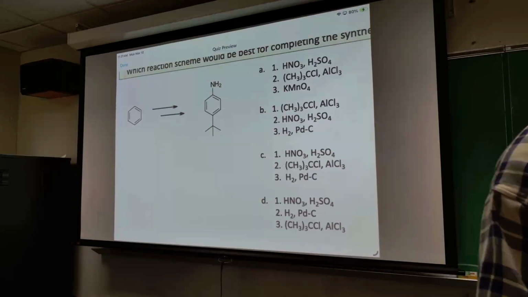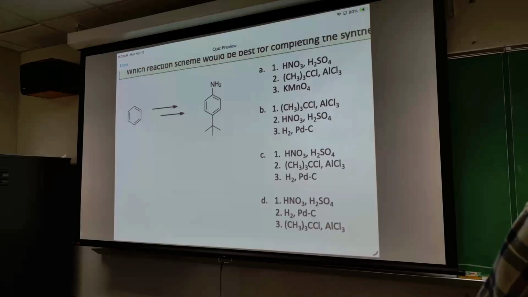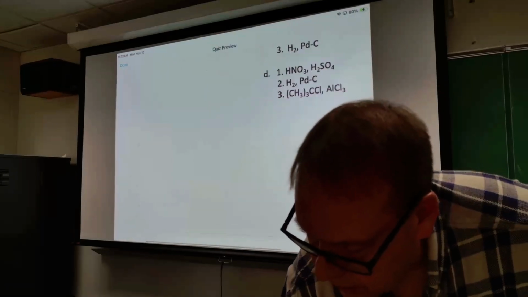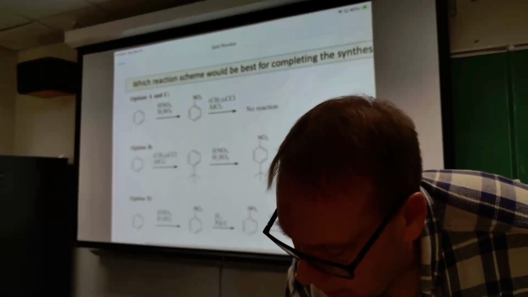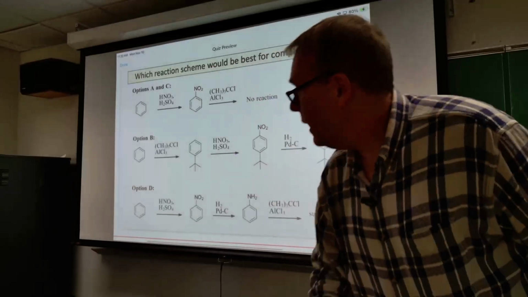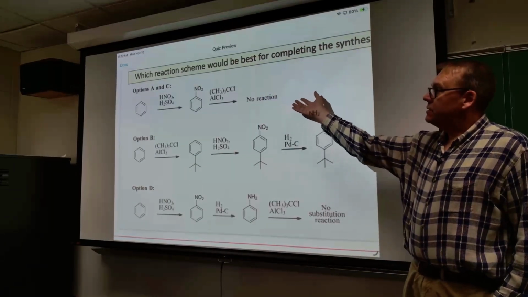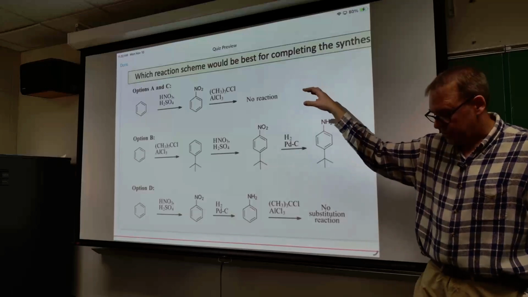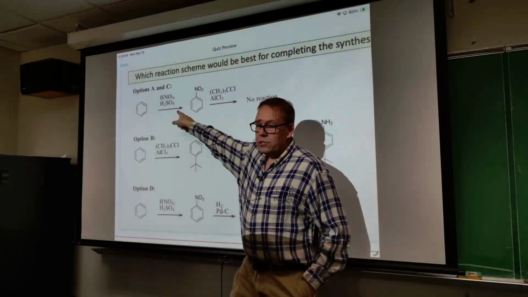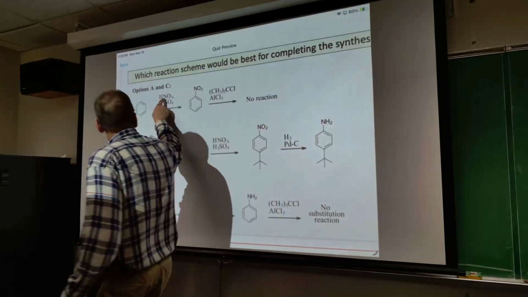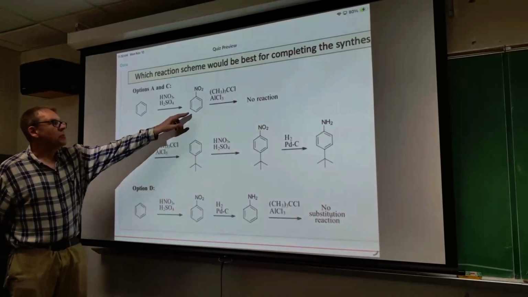At the end of this question, once you submit it, you get the feedback that's shown here. What happens with the first couple of options is what happens if you do option A or C. If you lead with nitration with HNO3 and H2SO4, you get nitrobenzene.